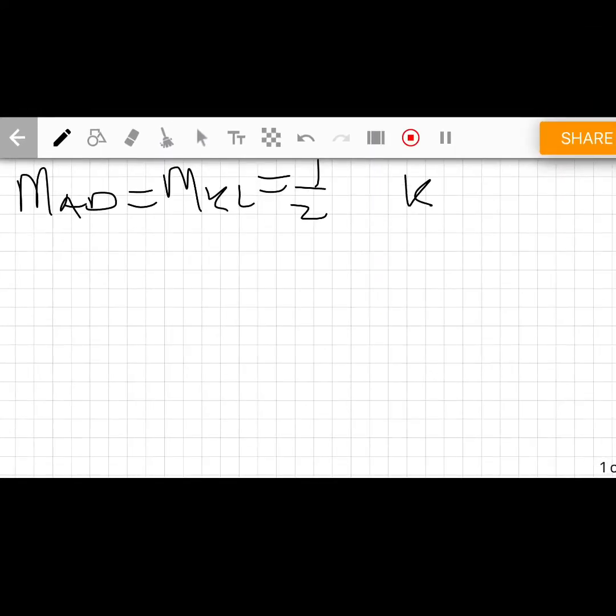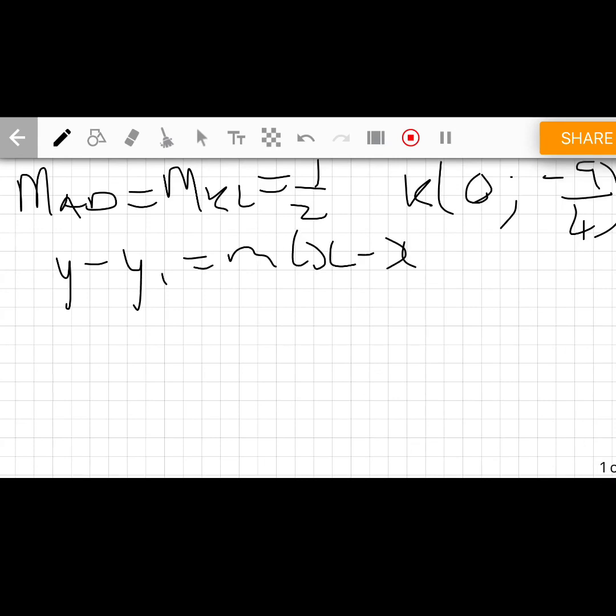I'm going to change the coordinates of K to look like something I know. So this is 0. I'm going to make this a proper fraction because it's much easier for me. So the y value is just -9/4, and the rest we just substitute into the equation of a straight line, which is y minus y1 equal to m times x minus x1, where x1 and y1 represent the coordinates of K and m represents the gradient.